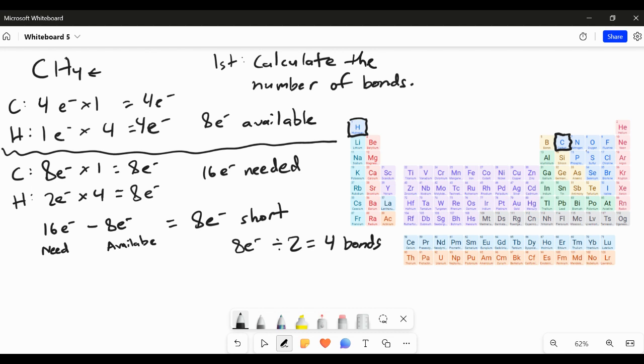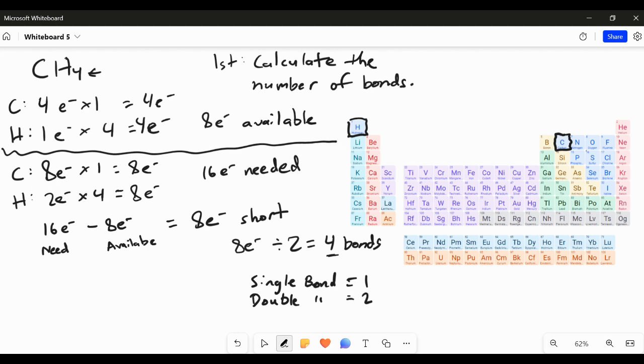Now, when I say 4 bonds right here, what you should know is that a single bond counts for 1, a double bond counts for 2, and a triple bond counts for 3. So this 4 bonds could be 4 single bonds, because that would be 4 ones.